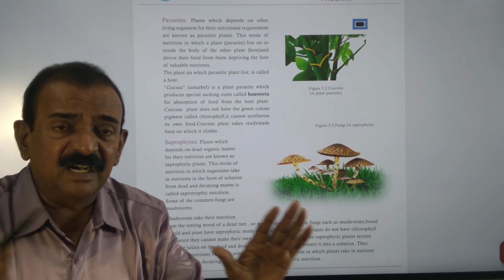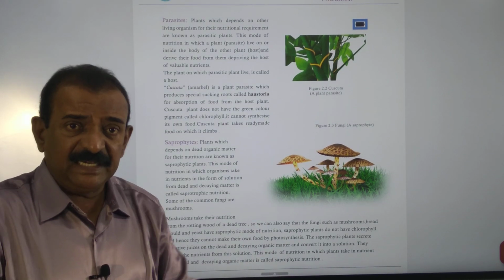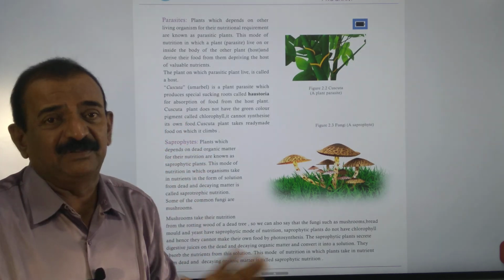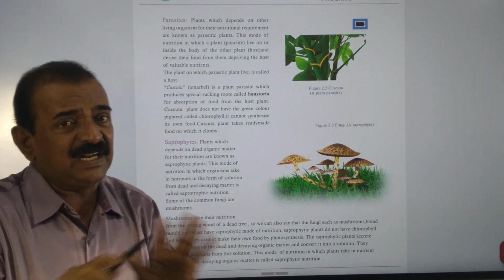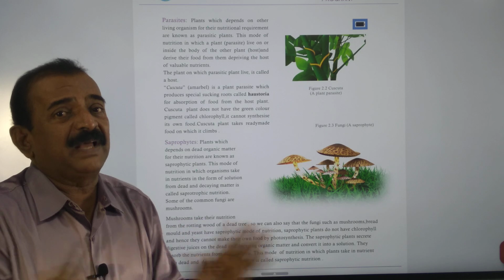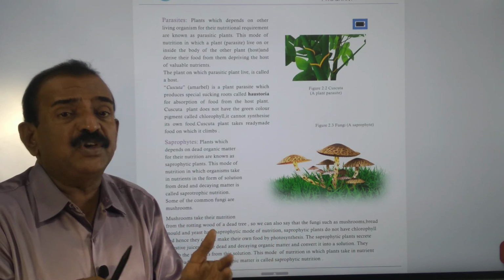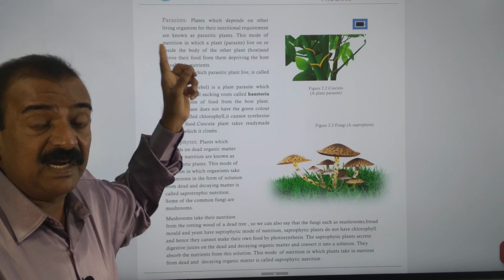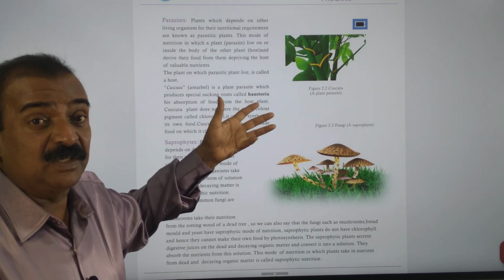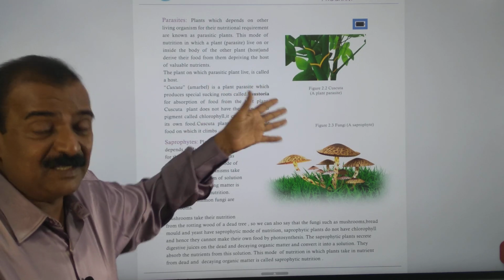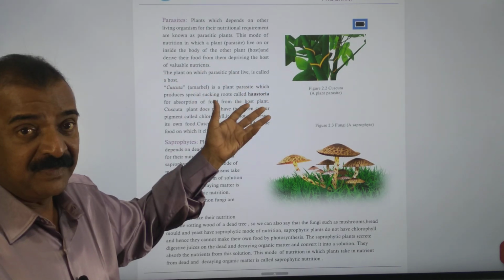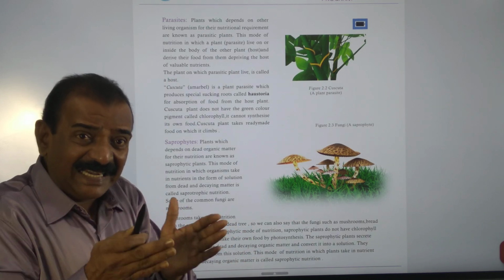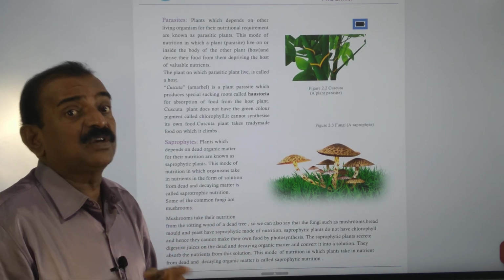These plants do not have leaves, or the leaves are modified into spines or scaly leaves, and these leaves do not have chlorophyll or chloroplasts, and they are not in a position to prepare their own food. They depend on another plant, and the plant hosting this parasitic plant is called a host plant. The parasitic plant gets food material from the internal part of the host plant by producing haustoria.